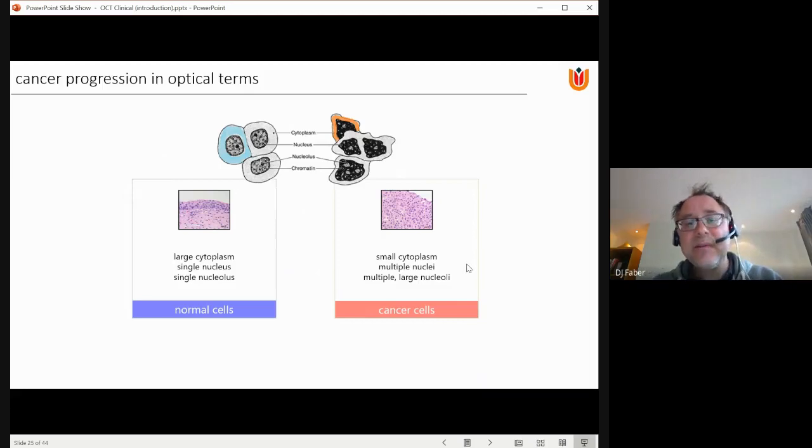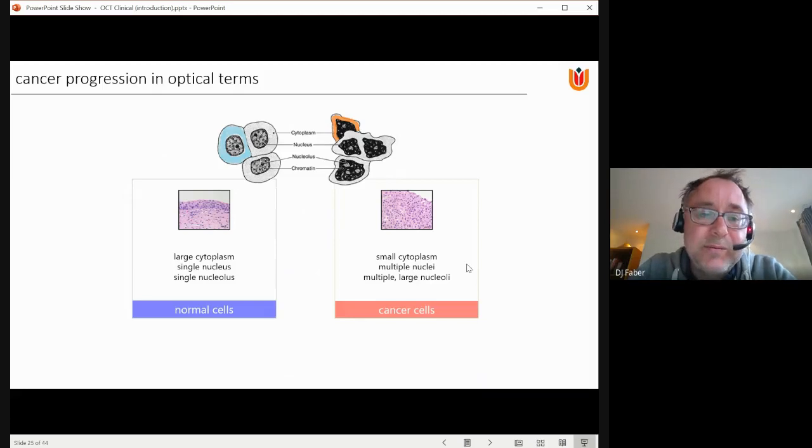So why do you think we can do it? Well, if you look at how disease, let's say cancer, progresses in optical terms, what we know from these biopsies is that there are a lot of structural changes going on as the tissue develops disease.